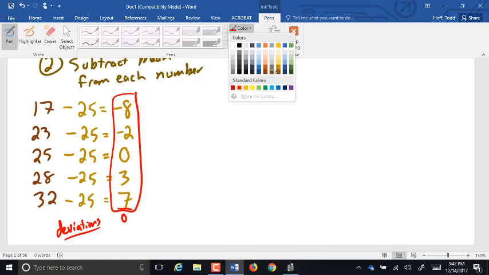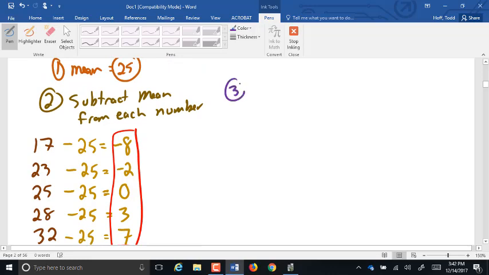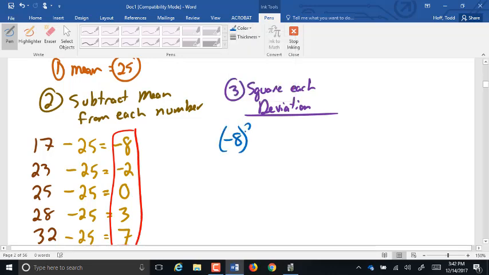Step 3 is to square each deviation. So negative 8 squared. Remember, when you put that in your calculator, you do have to use parentheses. Any number squared should come out positive. Negative 8 squared is 64.